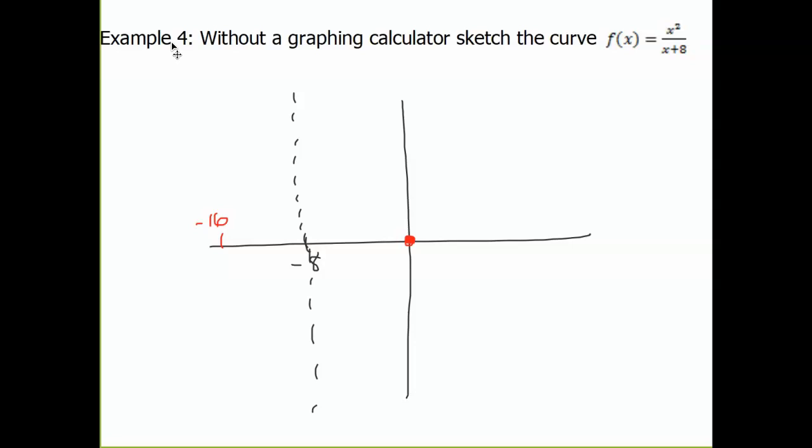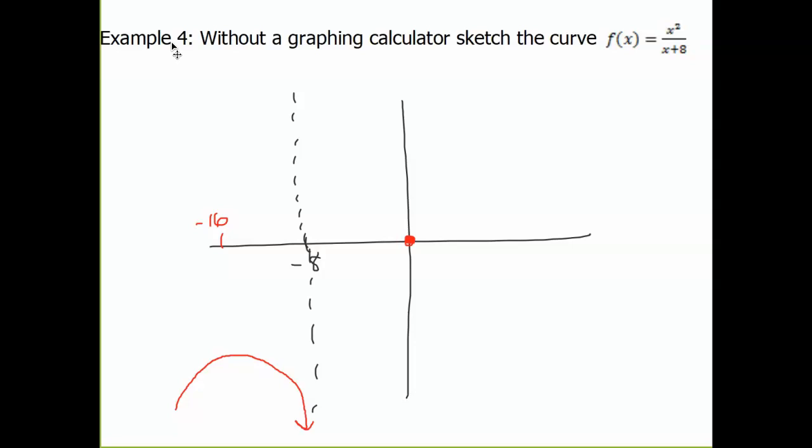And my max is going to be maybe down here. Since I know it's a vertical asymptote, I know it's approaching that infinity. So it's concave down, has a max at -16, and it's down there like that.